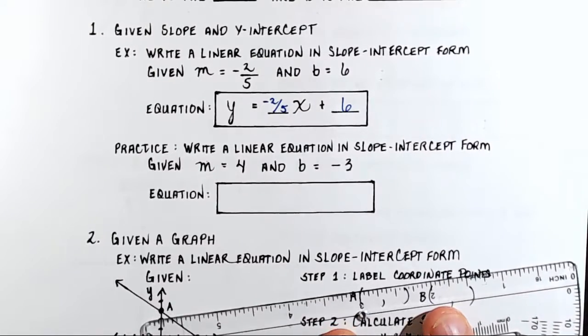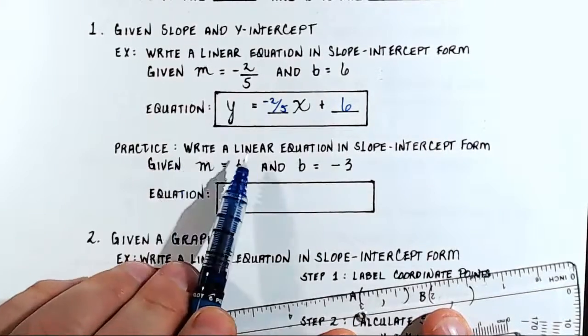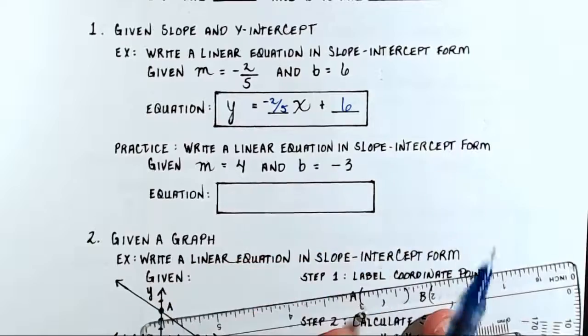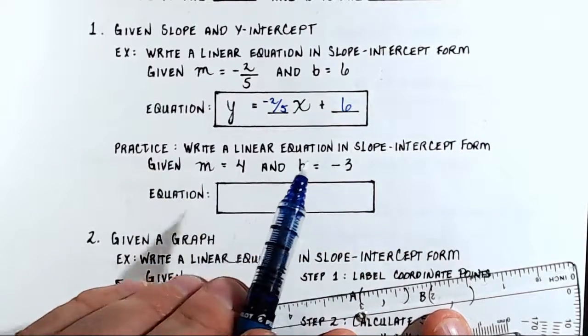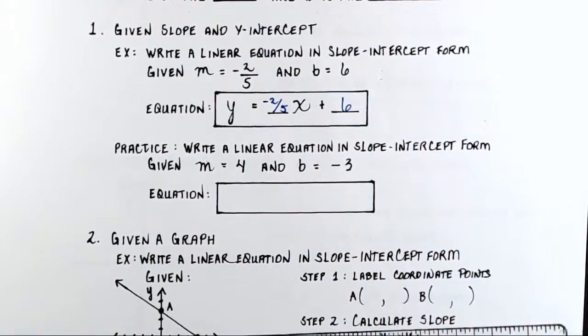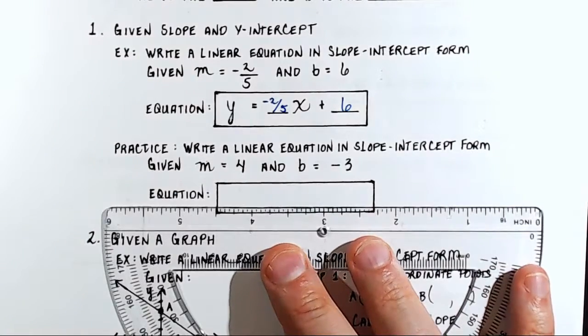Now you're going to practice. Write a linear equation in slope-intercept form given m equals 4 and b equals negative 3. Pause the video now if you haven't already and fill this out. Okay, I'll assume that you gave it a shot.